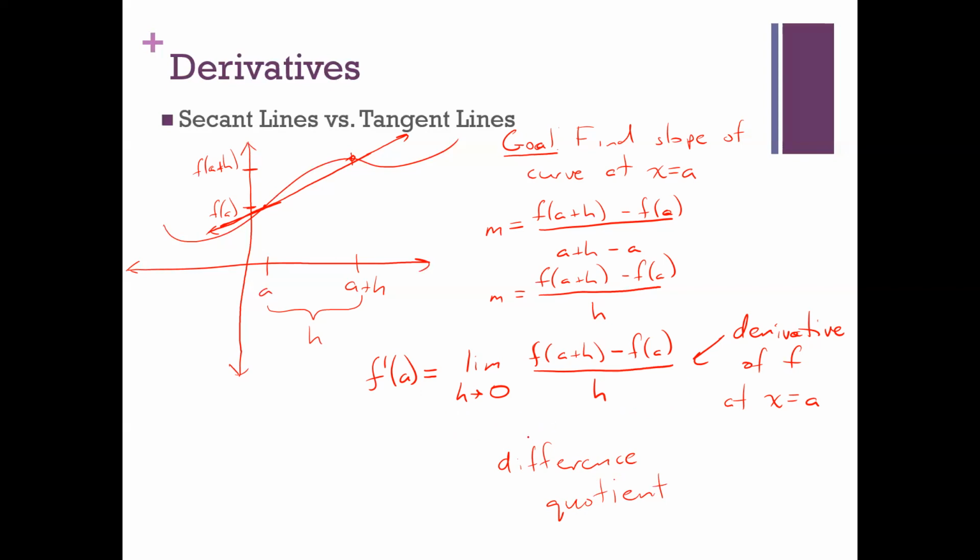The difference quotient refers to this part of it. Basically, I am taking the difference of two distances vertically. That's what the numerator is. Taking the difference of two distances horizontally. That's the denominator. And I'm dividing them. It's a quotient of differences. What the derivative is, is the limit when I make that horizontal distance, that x distance, very, very small.